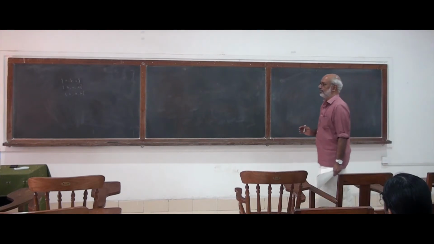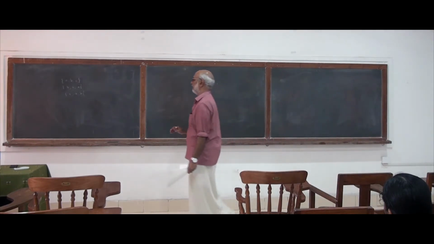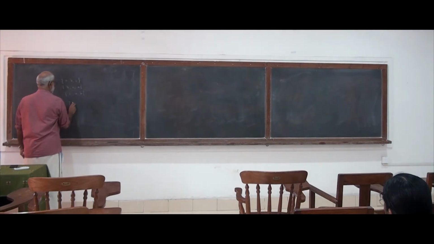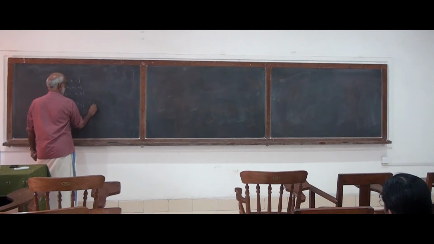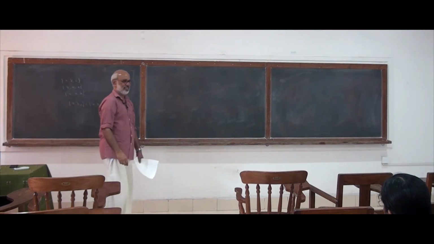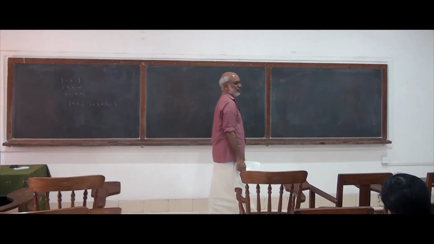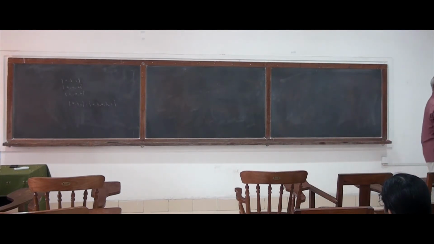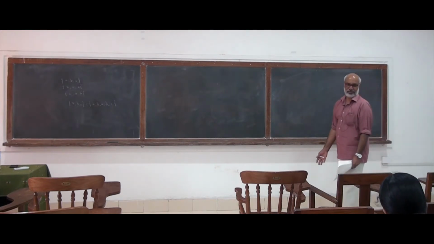Another thing is that even if you take this set A, B, C, and we also write it as A, A, B, B, C, both the sets are one and the same, even if a particular element is repeated so many times.